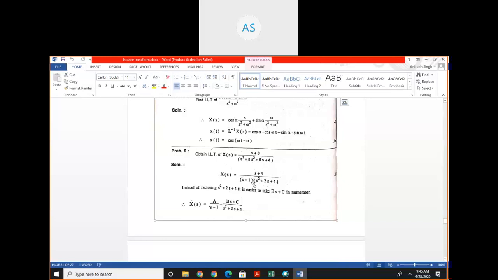So we get cos alpha, which is constant, multiplied by cos omega t, and sin alpha is constant and multiplied by sin omega t. So we get the value of x of t.